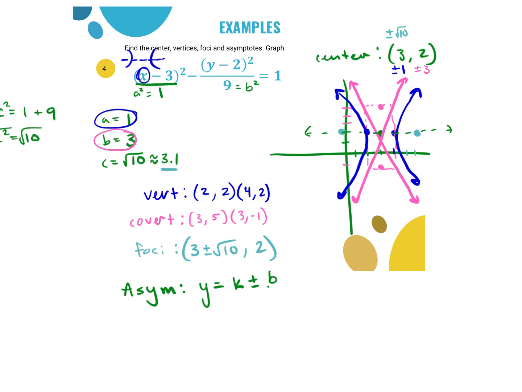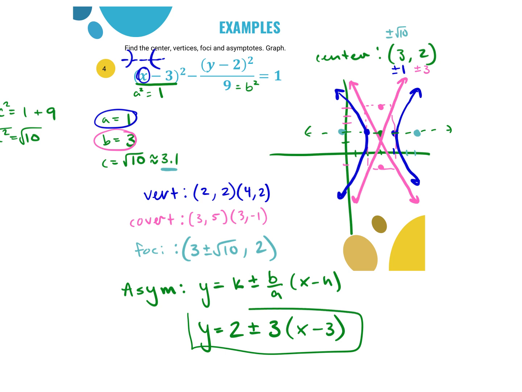B over a, perfect. B over a times x minus h. So y equals, our k comes from our center, so 2 plus or minus b over a would be 3 over 1, or just 3, times x minus h, which h is also 3, so x minus 3. So this would be our equation for our asymptotes.